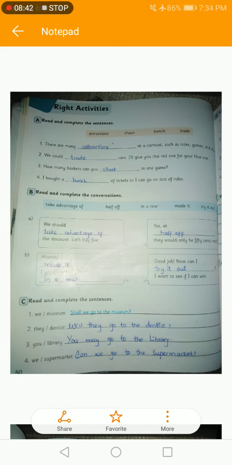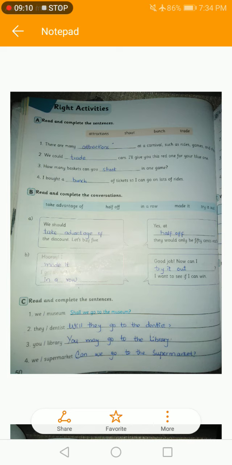Okay, look at the second one. We could dash cars. I will give you this red one for your blue one. We could trade cars. So you have to write trade in the second blank. Then look at the third one. How many baskets can you shoot in one game? So you have to write shoot in the third blank.